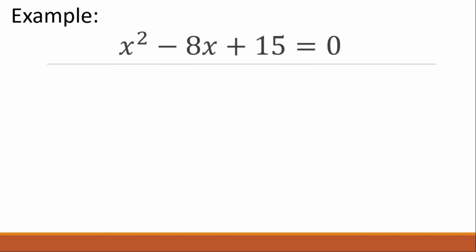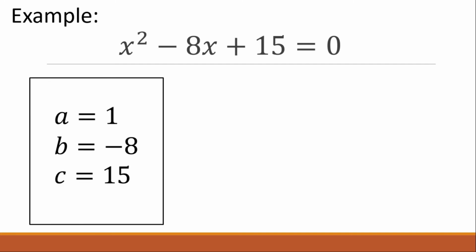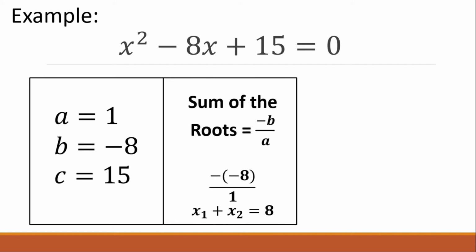Okay, given x squared minus 8x plus 15 is equal to 0. Get a, b, and c. So, we will have 1 for the a, negative 8 naman si b, and 15 naman si c. Okay, after you get the a, b, and c, substitute yan sa ating formula for the sum of the roots.